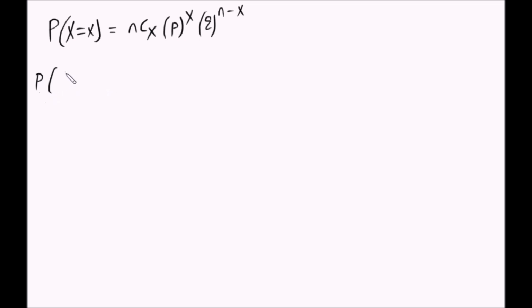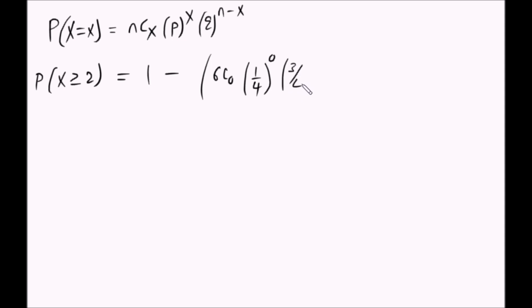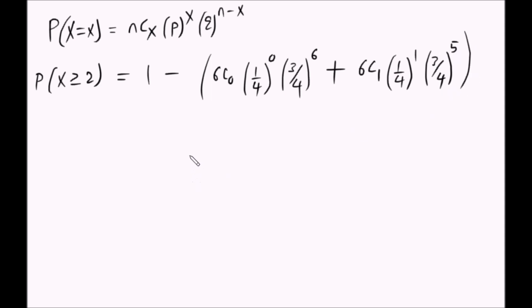Kwa hiyo sisi ya kwetu sasa tumesema ni 1 minus, kwa ya kwanza x ni 0, kwa hiyo n ni 6 combination 0, p tumeona ni 1/4, q ni 3/4 power 6 minus 0 is 6, jumlisha ile ya pili ilikuwa ni x is equal to 1, kwa hiyo ni 6 combination 1, so it's 1/4 power 1, and then 3/4, 6 minus 1 is gonna be 5.